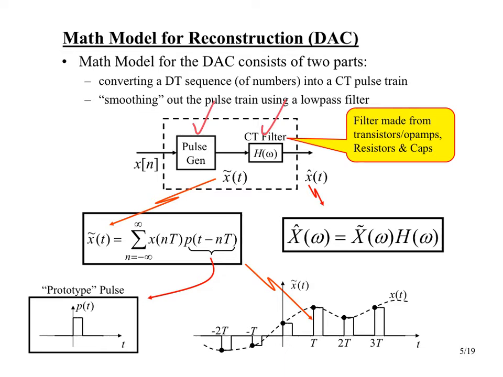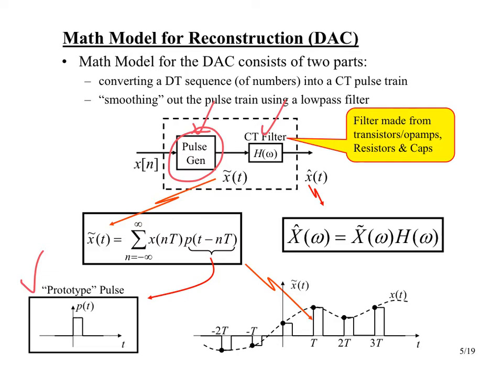So if we think about what's happening here, this pulse generator is working with a prototype pulse. At time equal to 0, it would create this little rectangular pulse, p(t). If it gets a sample that had been taken at some later time, it will create that pulse at a later time.